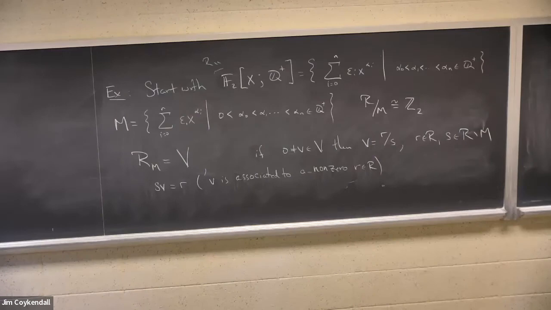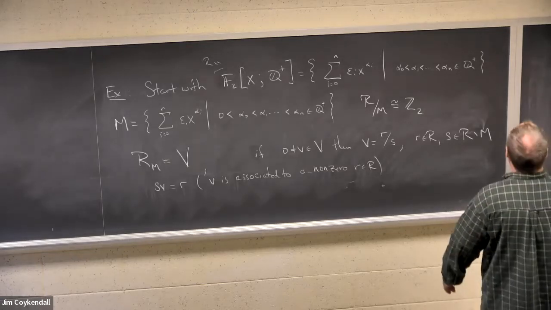That means that if I want to show this is a valuation domain by showing that of two non-zero elements, one of them divides the other, instead of looking at B, which complicates my life, I might as well just look at R, right? Because it varies by a unit.